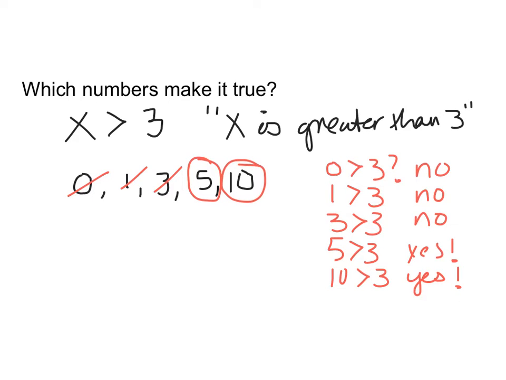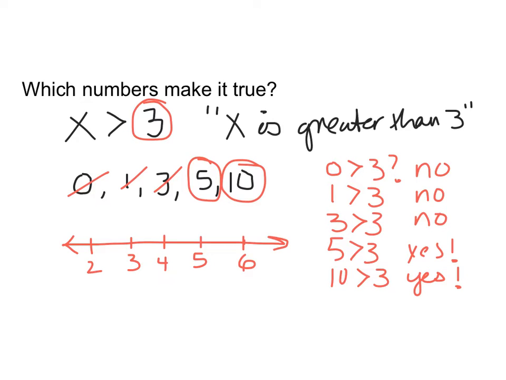Are there any other numbers that would make it true? Absolutely. And last time we made a graph of all of those numbers. So let's do it again just for this example. It doesn't really matter which numbers you put on your number line as long as you include the boundary point, which is the number that's in the inequality.